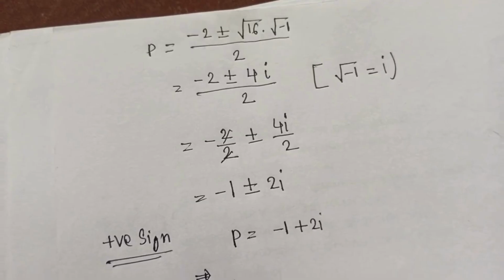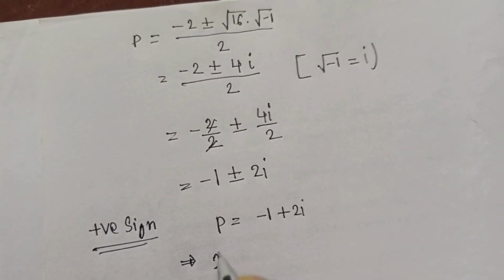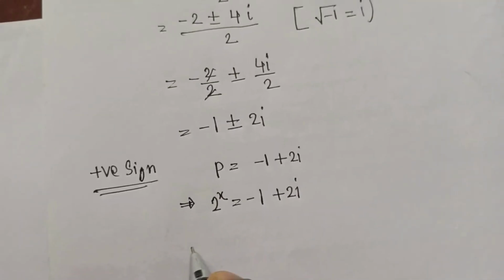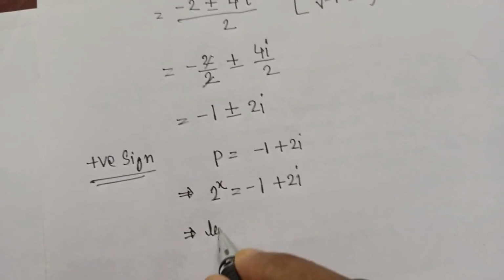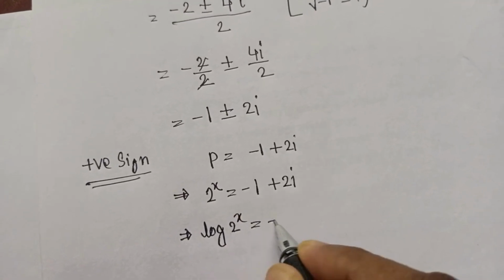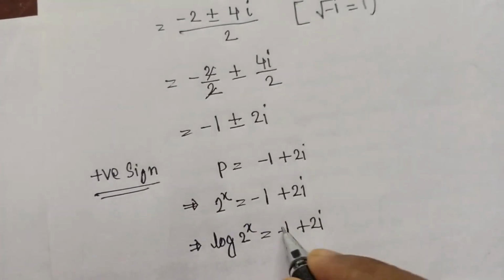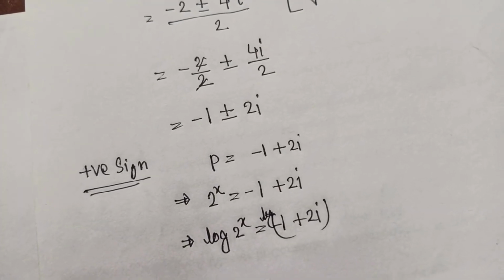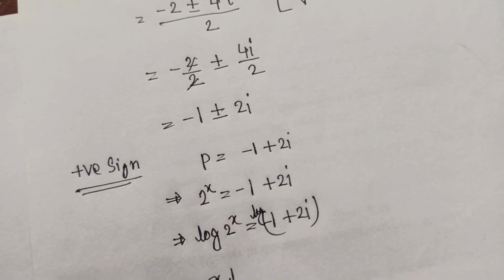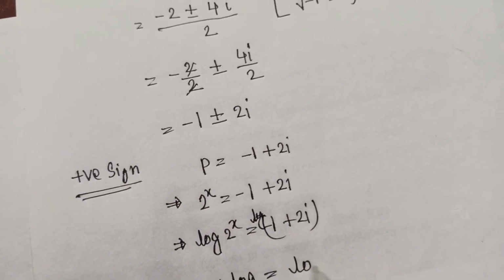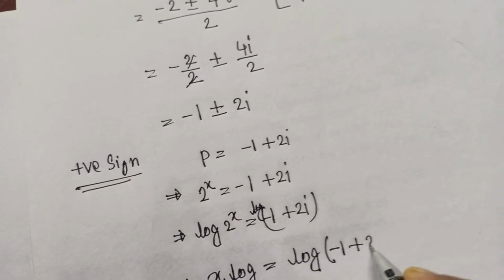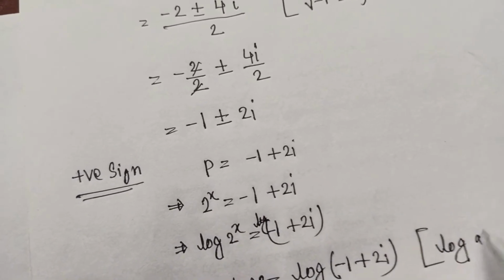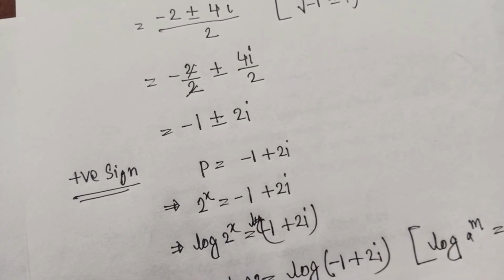We have already taken p as 2 to the power x, so 2 to the power x is equal to minus 1 plus 2i. If we take log both sides, x log 2 is equal to log of minus 1 plus 2i, as log a to the power m is equal to m into log a.